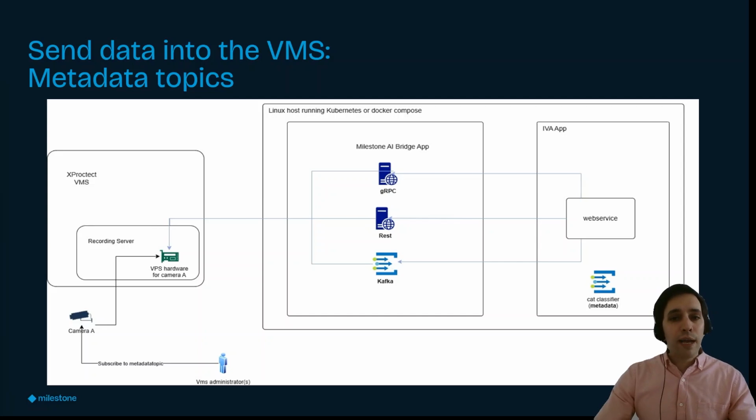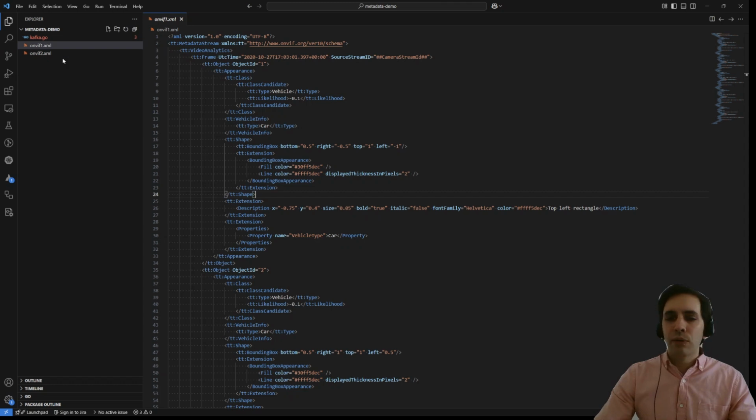All right, since we have now subscribed to a metadata topic, let's see how an IVA application could send this data and be received by the VMS. For that, let's explore a quick sample code made on Go, in which basically we are going to send back and forth these two ONVIF-based messages.